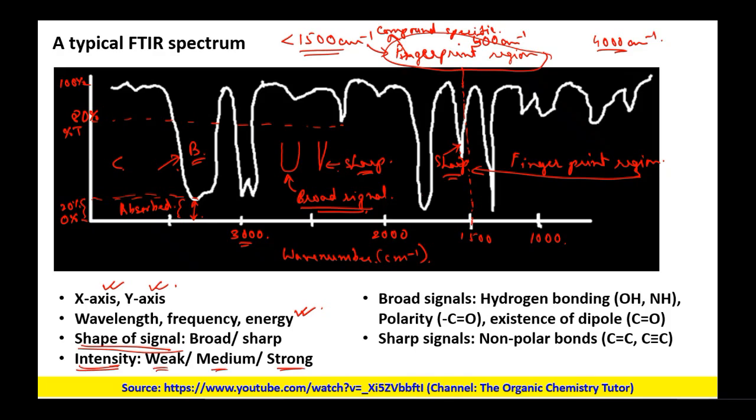Weak signals, if you see over here, this signal has a very small intensity. So this is a weak signal. Whereas this peak is a strong signal. And this peak over here is a medium signal.